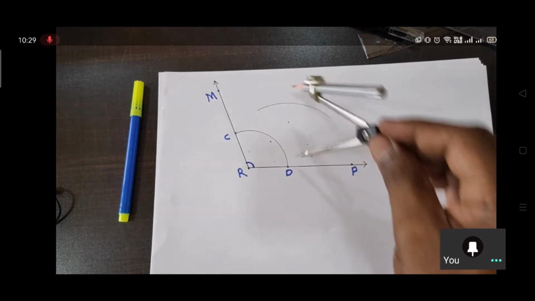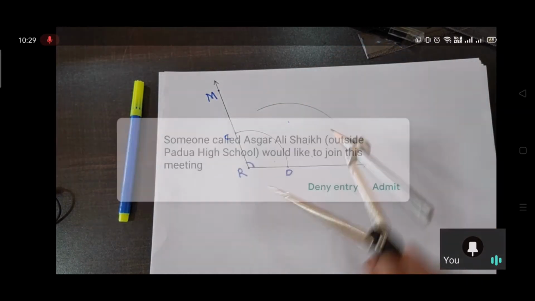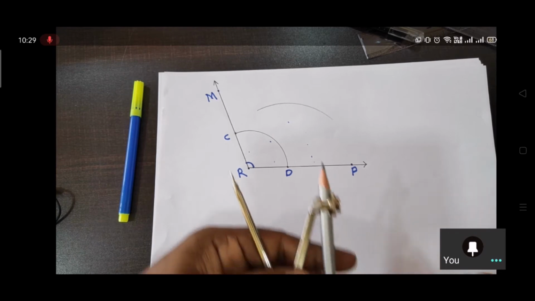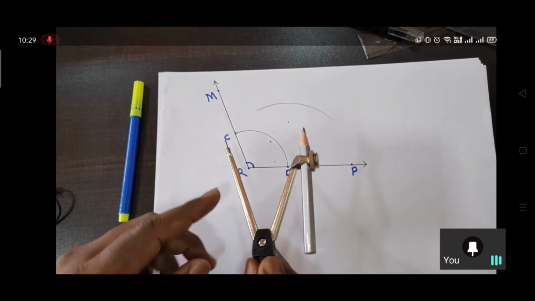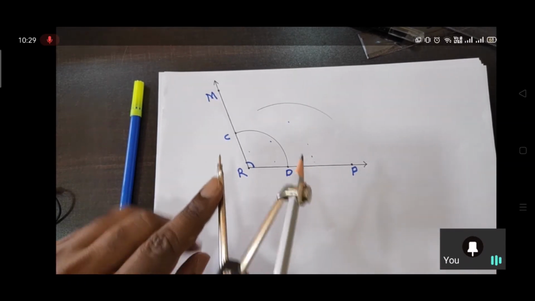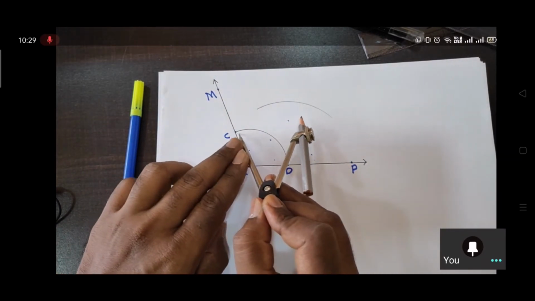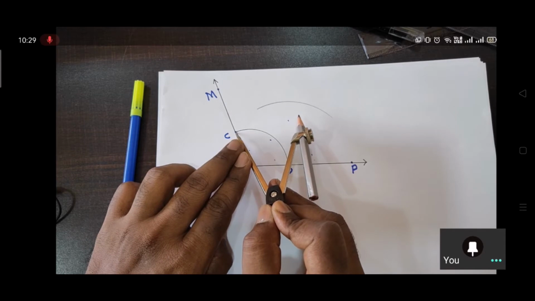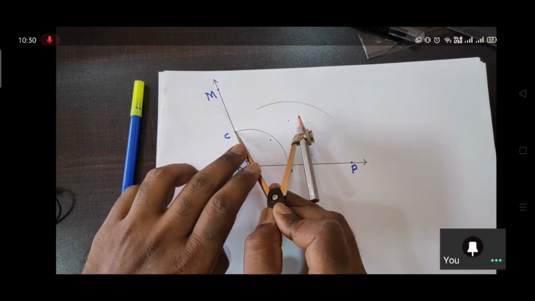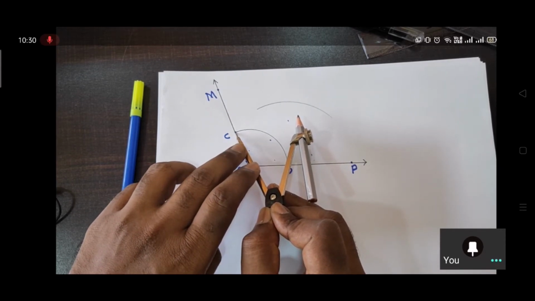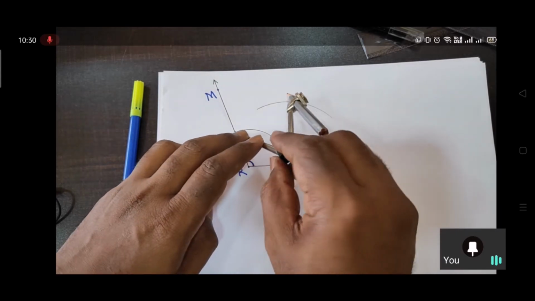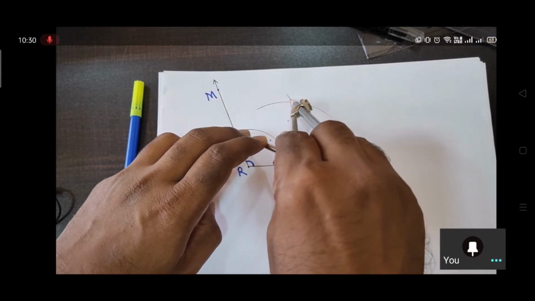Don't be stingy in drawing the arc. The bigger the arc you draw, the more convenient it will be for you. Okay, we have drawn a big arc. Don't change the span. The distance is the same, and where will you keep it? You will keep it on point D. Sorry, C.